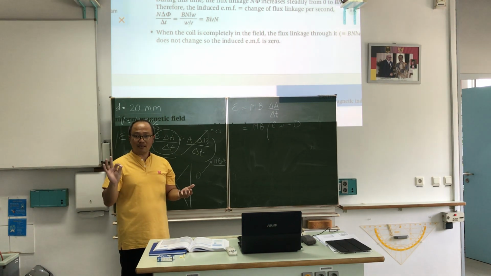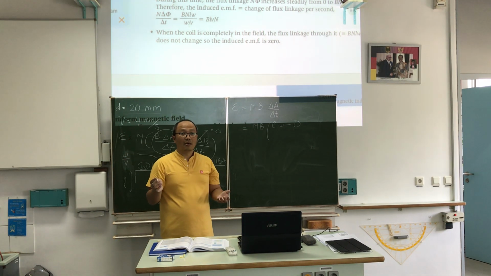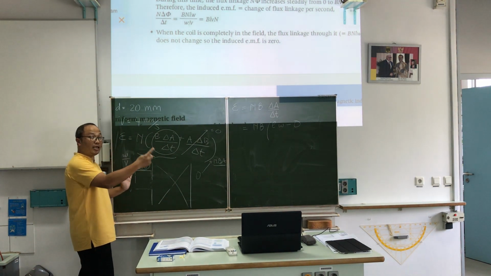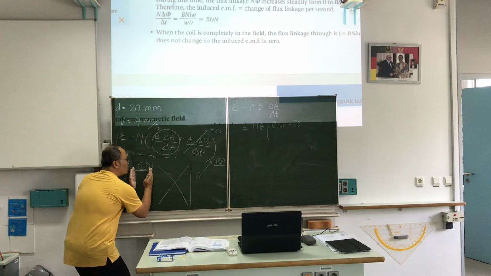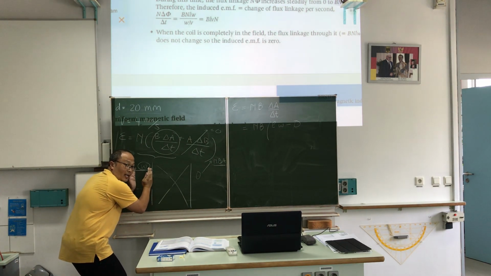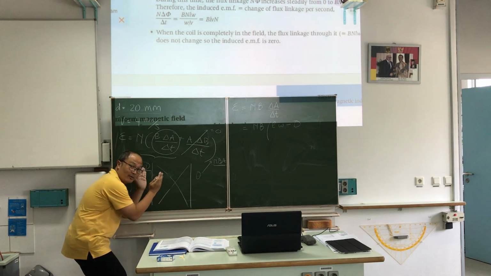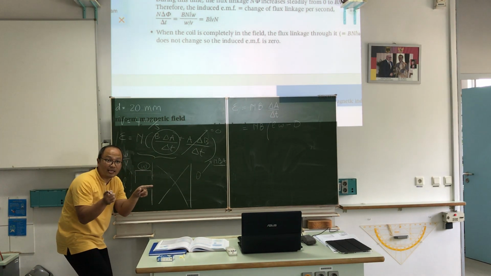Got it, everyone? Wait, what's the minus 0? Because he observed the situation before the coil comes in, just about to start. Just about to start means it doesn't have any area inside the magnetic field. Do you understand now?